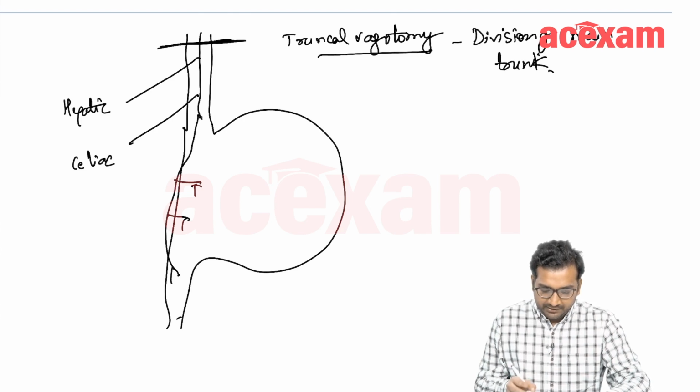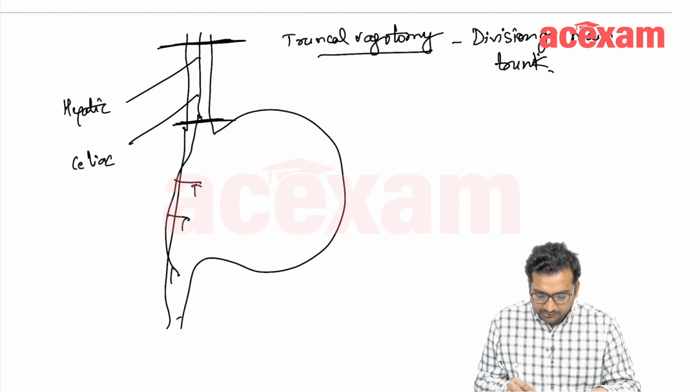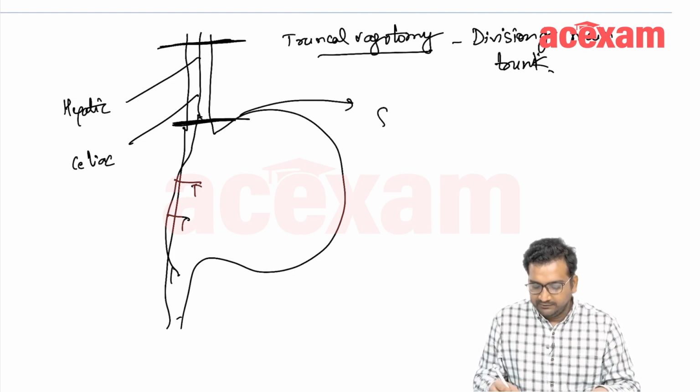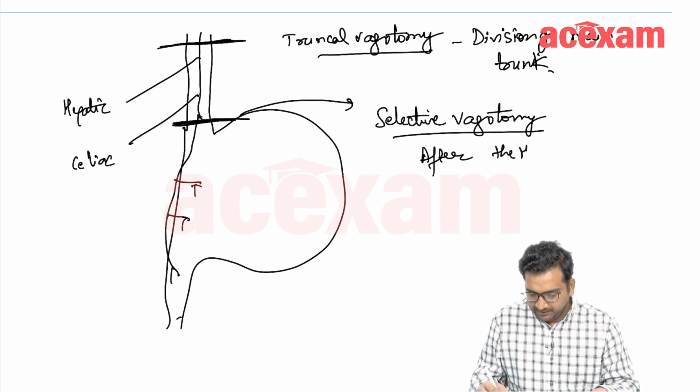If we divide the vagus after the hepatic as well as celiac branches, then this will be known as a selective vagotomy. This selective vagotomy is after the hepatic and celiac branches.